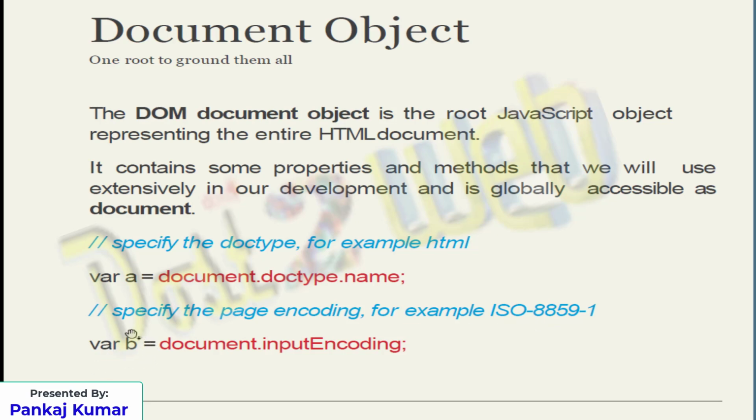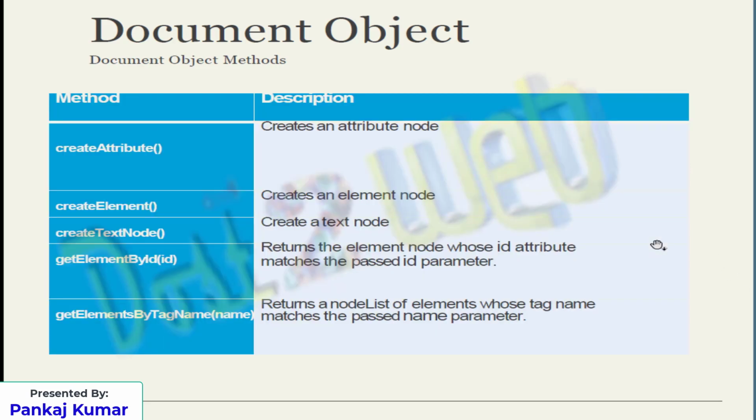Define a variable b, and then use the property document.inputEncoding. So your page will be encoded in a certain ISO format. This is the document object.